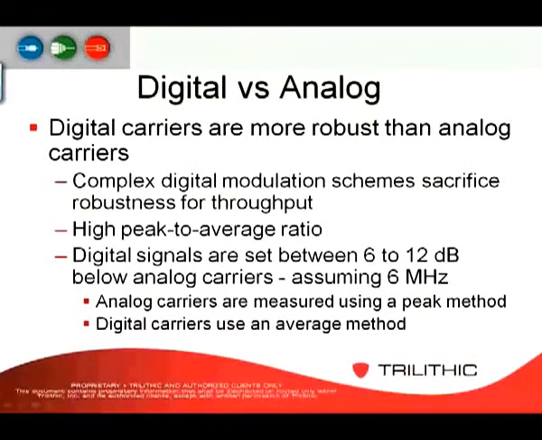Just remember, and I kind of said this earlier, that analog carriers are measured using a peak method, but digital carriers use an average method based off of the average power in that 6 megahertz bandwidth.